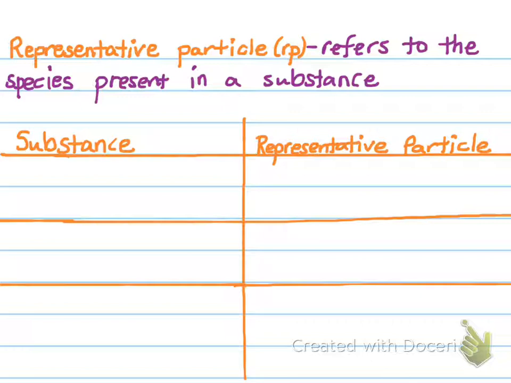Okay. There are 3 substances that we've talked about. We have talked about an element. We have talked about molecular compounds.